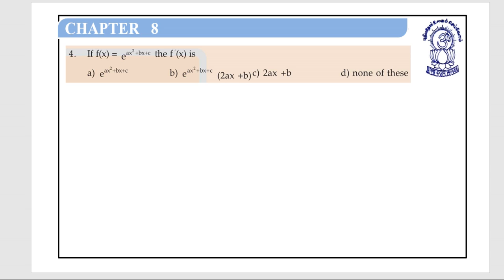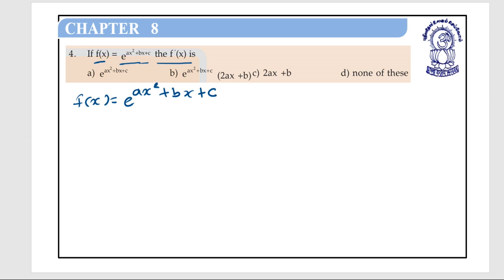Now question number 4. If f of x is equal to e raised to ax square plus bx plus c, then f dash x is. Here f dash x means derivative of f of x. So f of x is equal to e raised to ax square plus bx plus c.